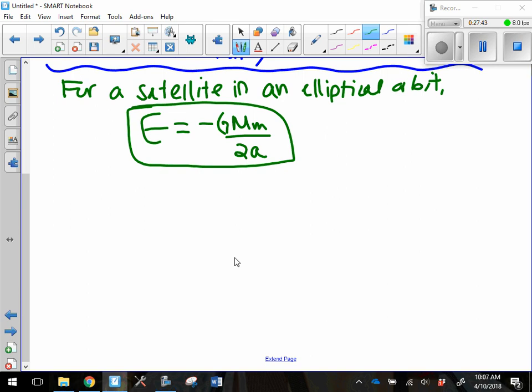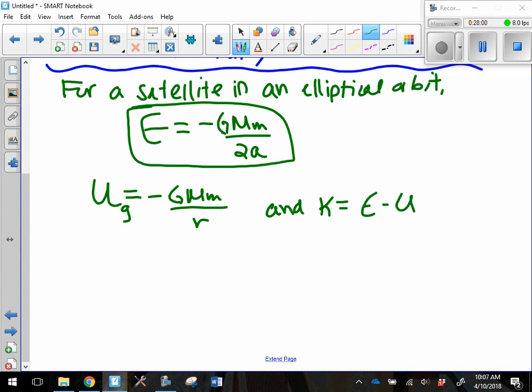And in this situation, you'd know what the total energy is. You could still find the gravitational potential energy using the formula. And then, as we often do, the kinetic energy would be equal to the total energy minus whatever the potential energy is.